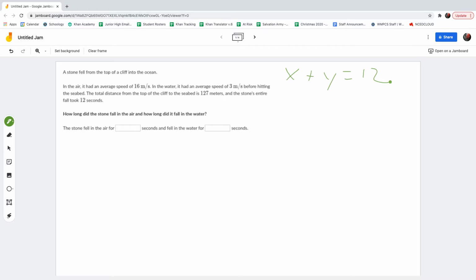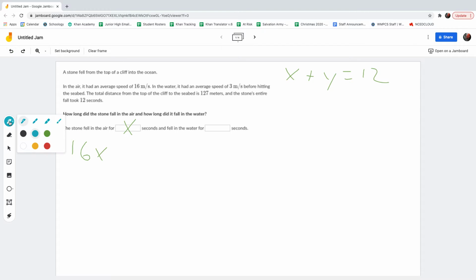In the air, it had an average speed of 16 meters per second. So if we take that 16 and multiply it by that x, this expression that I just wrote is telling me how far it fell in the air. That's the actual distance it fell.